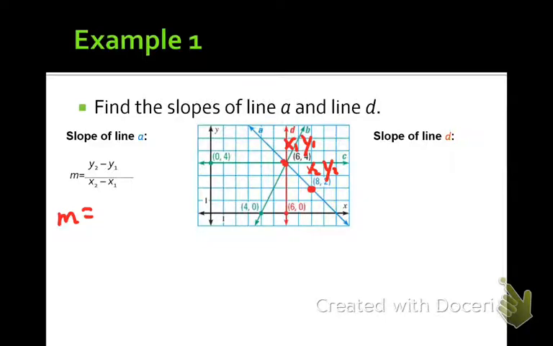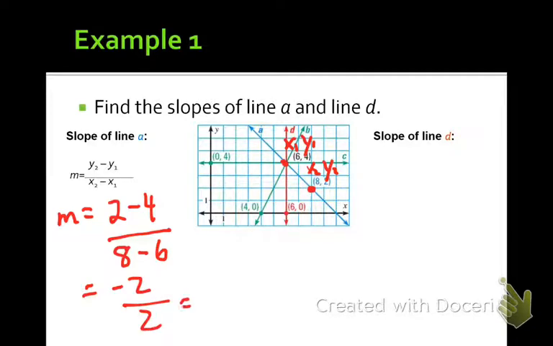If we do y2 first, we have 2 minus 4 over 8 minus 6, which equals negative 2 over 2, which is equal to negative 1. Our slope is negative 1.